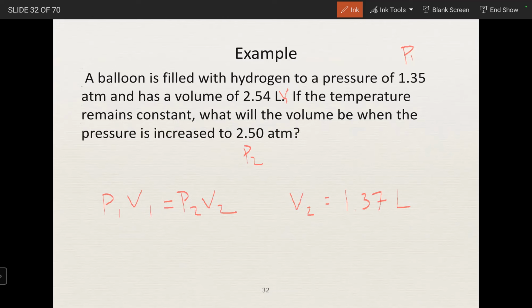On the other side, we've got 2.54. So on the side where we've got 2.54, we are also multiplying by 1.35. So since we've got a slightly larger number than 2.5, that means on the opposite side, we're going to need a number that's slightly larger than 1.35. So 1.37 at least makes sense.